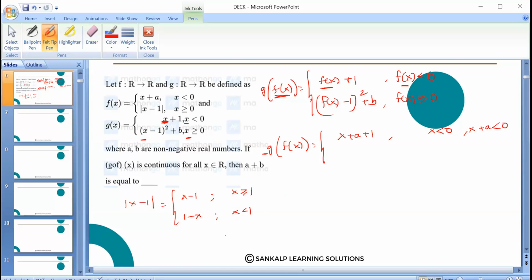So when x is greater than or equal to 0 and less than 1, which one will we take?